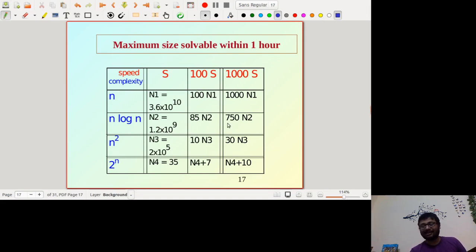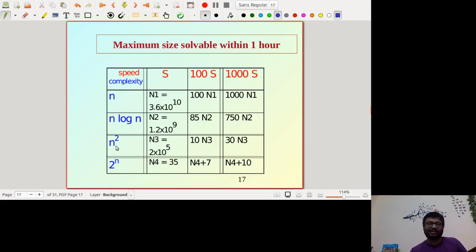You can only handle 750 times bigger inputs. So you see the improvement factor is less than 1000. If the speed goes up by a factor of alpha, the size that you can handle goes up by a factor less than alpha. And this factor becomes worse and worse as the runtime increases.